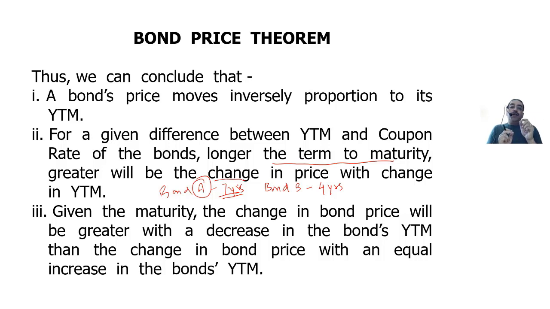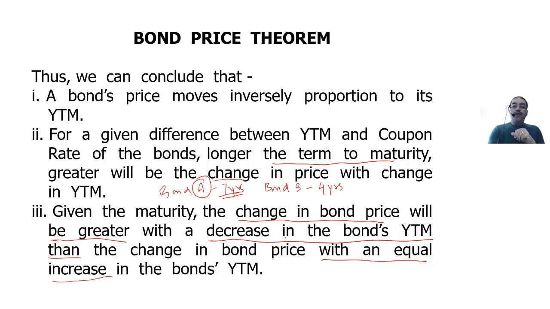And if the YTM increases by 1%, the bond price will decrease only by 3%. So the change in the bond price will be greater with a decrease in the YTM than with an equal increase. That means a 1% decrease is going to bring about more change in the price of the bond than a 1% increase.